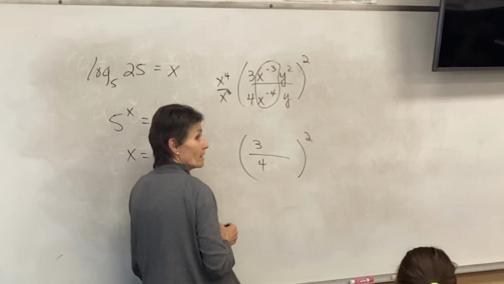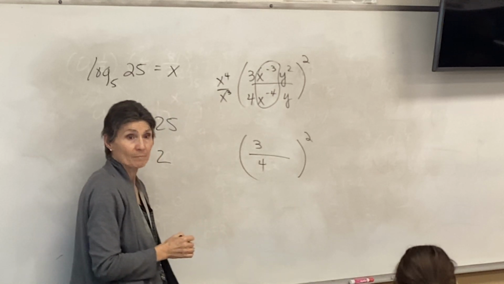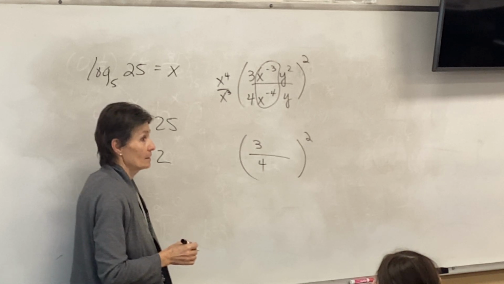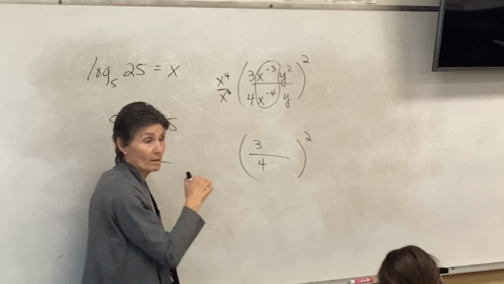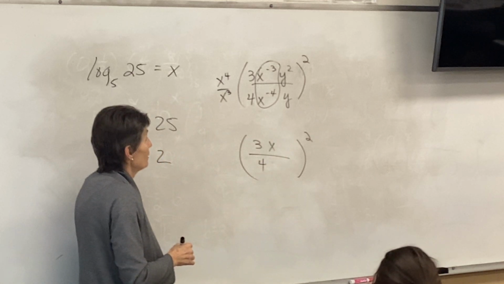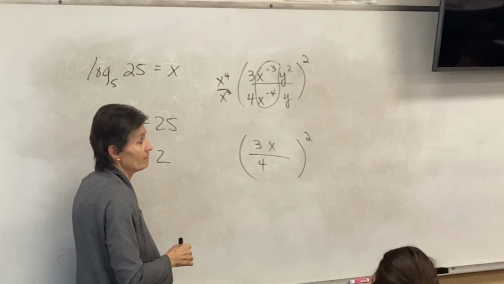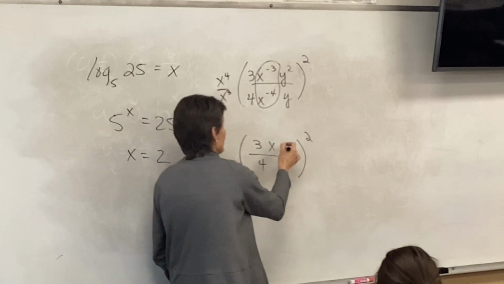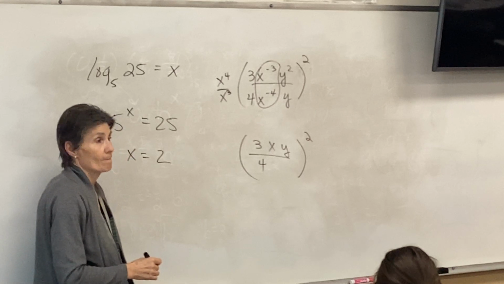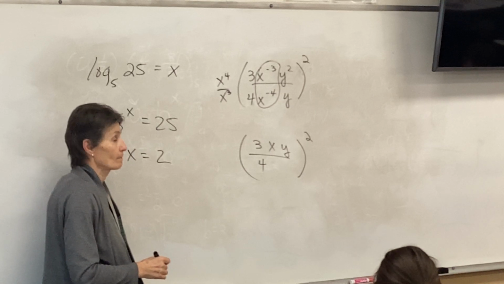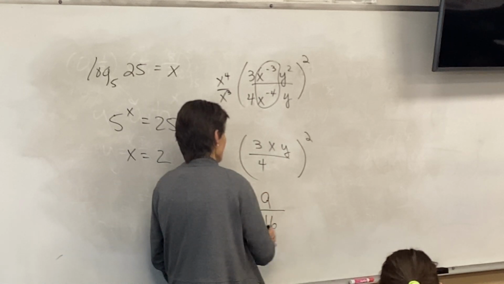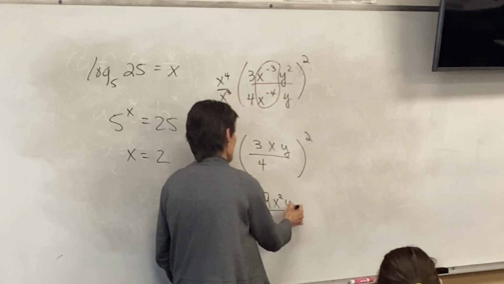So the 4 is going on top and the 3 is going on the bottom. And then what happens? They cancel and leave me with 1 on the top. The Y's aren't moving, but they're canceling and leaving me with 1 of those on the top too. Also. Now I'll square everything, so I have 9 and 16, and X squared and Y squared.